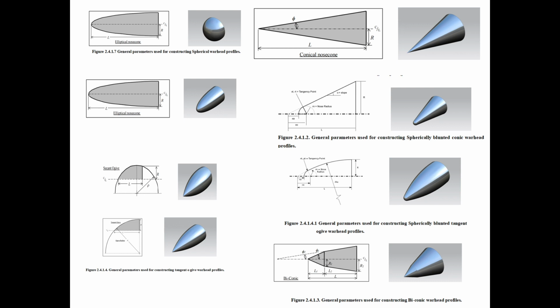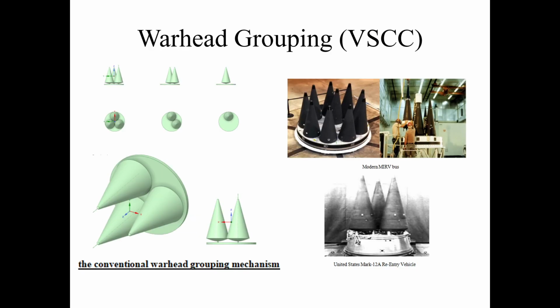I designed a coordinate calculator where you can enter your radius and some features of the warhead, and you can easily get the coordinates, which you can import in any design software and make the warhead type for your test.